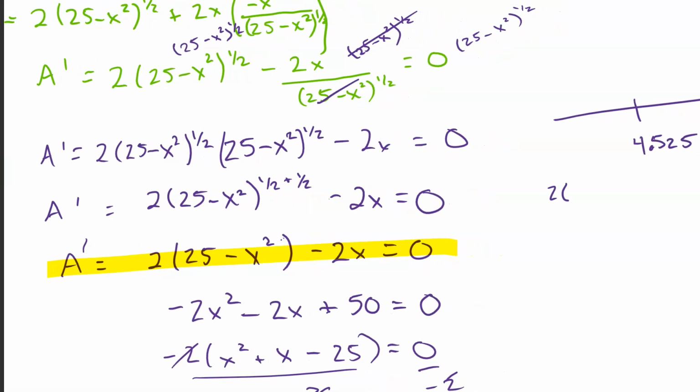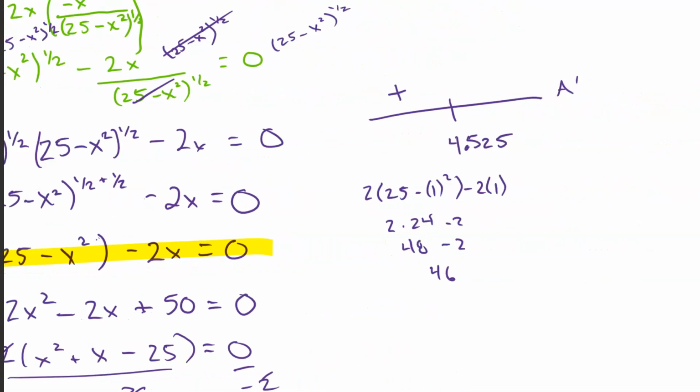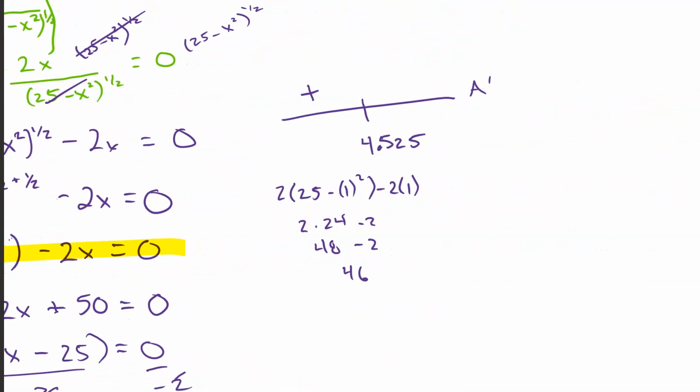So I've got 2 times 25 minus 1 squared minus 2 times 1. So I've got 25 minus 1, which is 24, times 2 is 48, minus 2, 46. Positive. All right, and then we'll use, well, 5, why not 5?